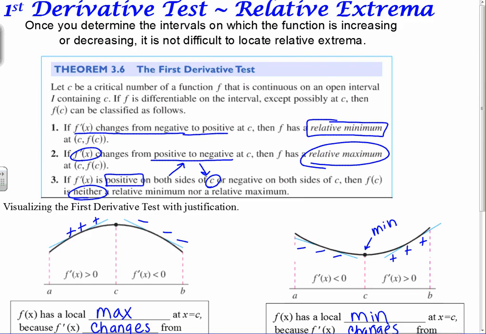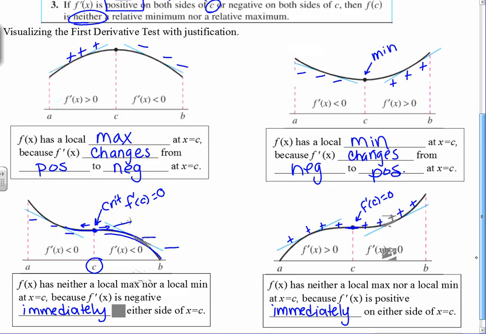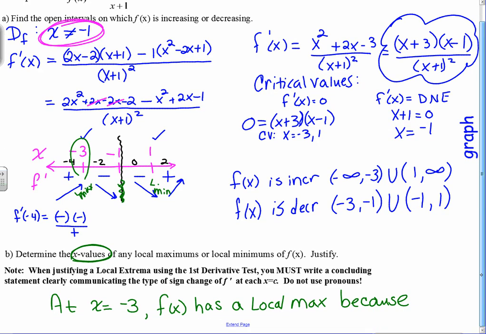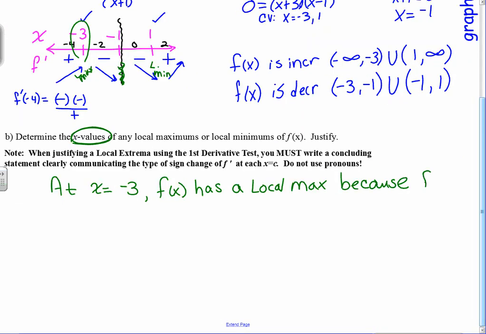And when we did that visual description here, notice how we phrase this. f of x has a local max at a certain value because the first derivative changes from positive to negative. So that's how we're going to document our justification here. Because f prime of x changes, key word, from positive to negative.